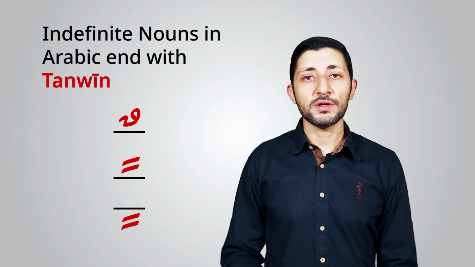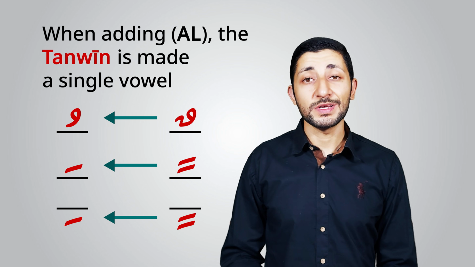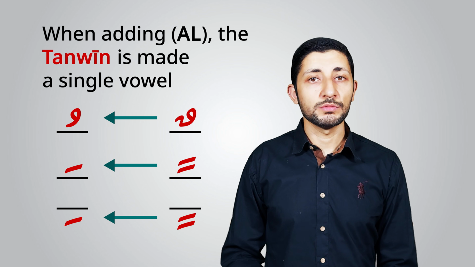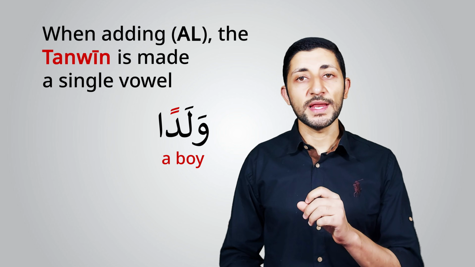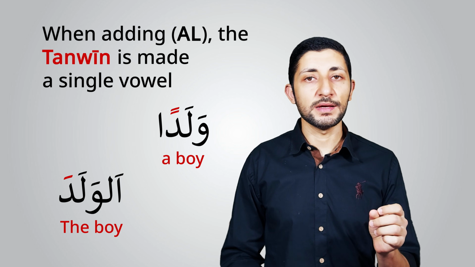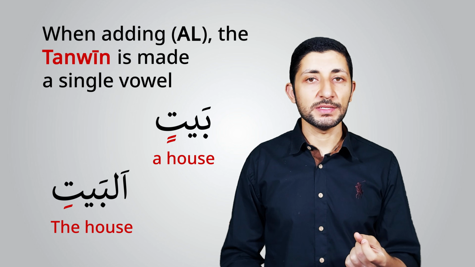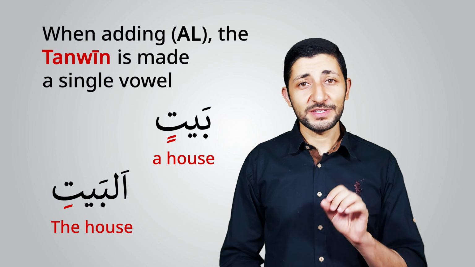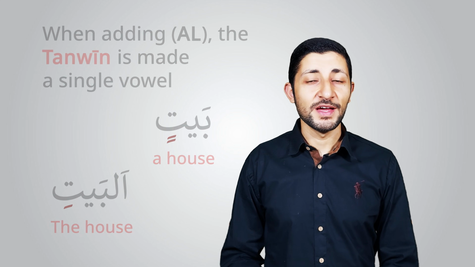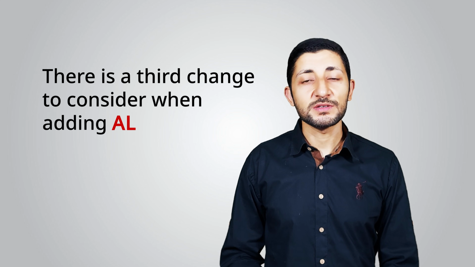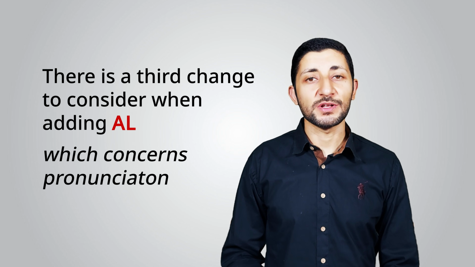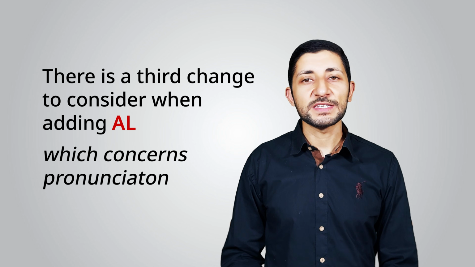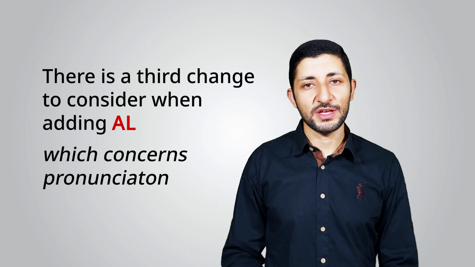Whenever you add the definite article al, we must reduce the tanween to a single vowel. So, kitabun becomes al-kitabu, waladan al-walada, baytin al-bayti, and so on. This part is straightforward. However, there is a third change we must consider when adding al, and this one concerns the pronunciation more. Let's have one example to understand this third change.